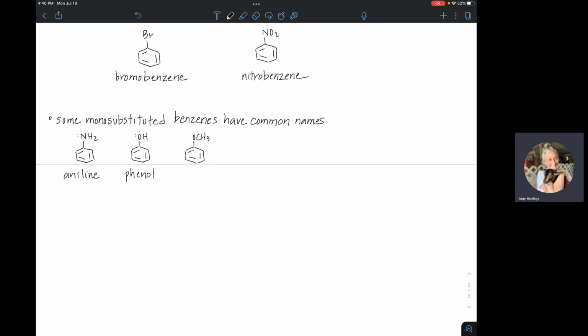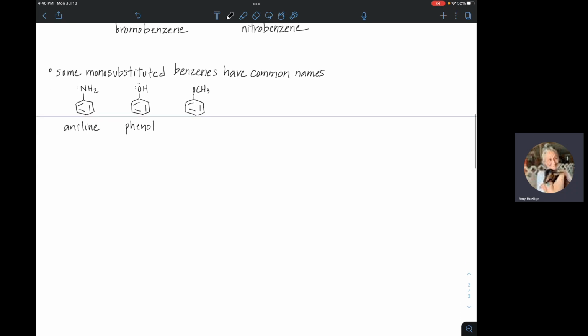Sometimes you might see a little circle in the middle of the ring instead of the three double bonds. And really, all that's telling you is that your pi system is conjugated, right? And the other thing it describes nicely is the resonance hybrid. So if you were to get bond energies for each carbon-carbon bond in the benzene ring, you'd have one value, even though it looks like, when we draw every other bond a double bond, shouldn't this single bond be longer and lower in energy?